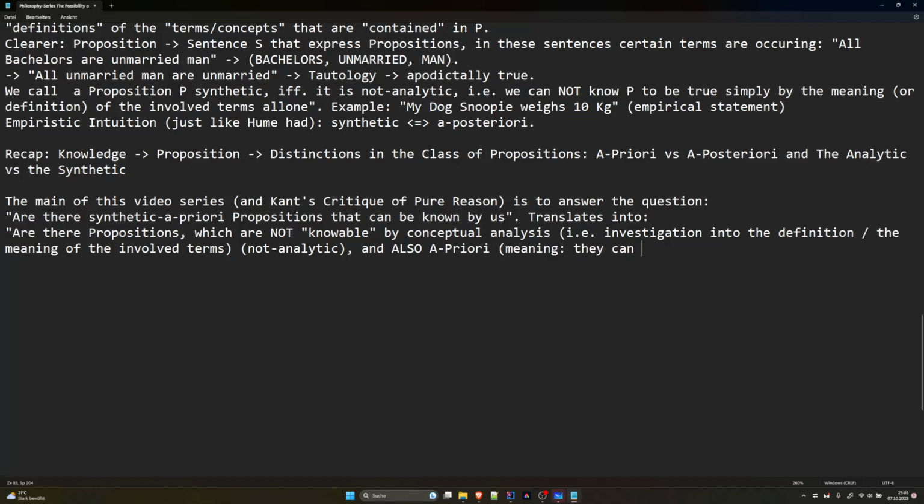They can be justified, or let's say their truth can be known, without referring to facts of the matter, to the empirical world, we could say.